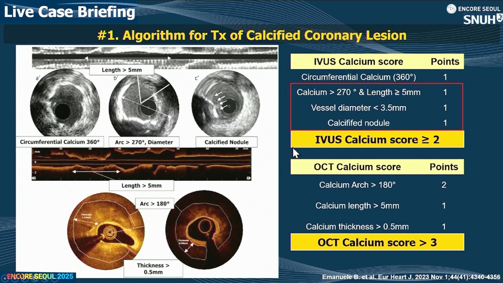On the lower panel, we can see length more than 5 millimeters in OCT, arc more than 180, thickness more than 0.5 millimeters, and the total is 4 points. In this case, we calculated the IVUS score, which was 3. Today, we calculated the OCT score, which was 4. Thus, this patient has enough calcified plaque to be treated with ablative therapy.